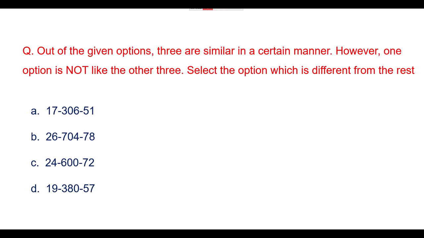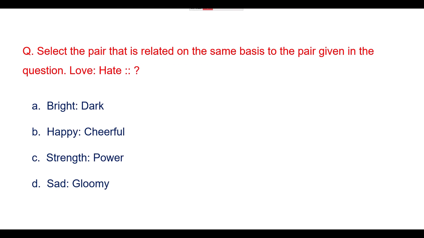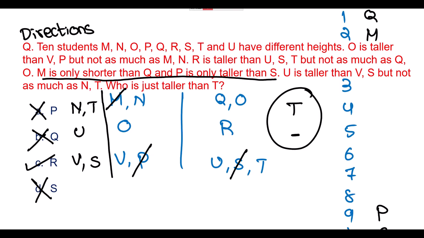In the previous question, we could do the entire alignment, but it's a waste of time in the exam. A lot of people will be confused by statements like "O is taller than V, B, but not as much as M, N", which means it's shorter only.